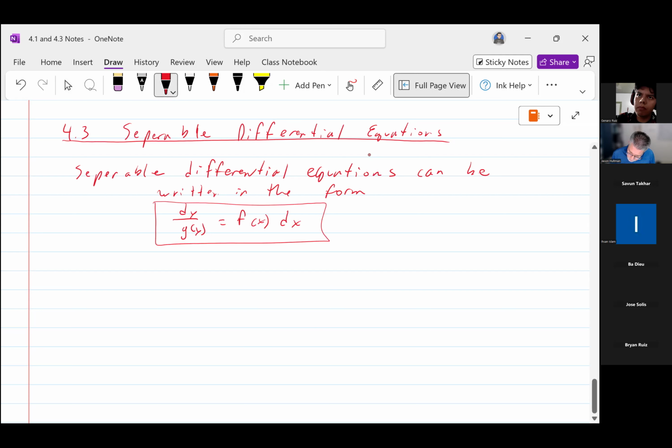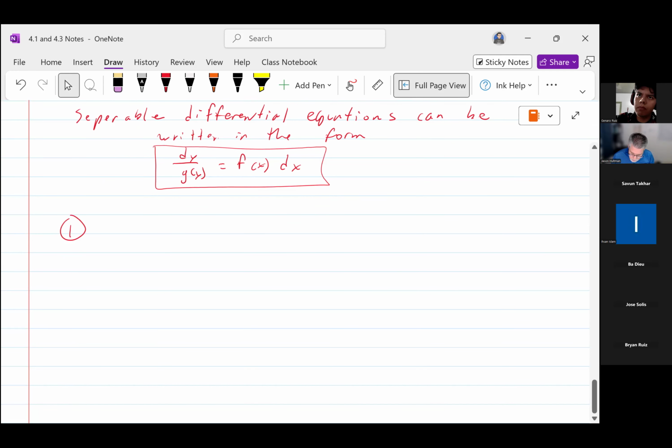So let's look at an example here. Solve the differential equation y prime equals x squared minus 4 times 3y plus 2.